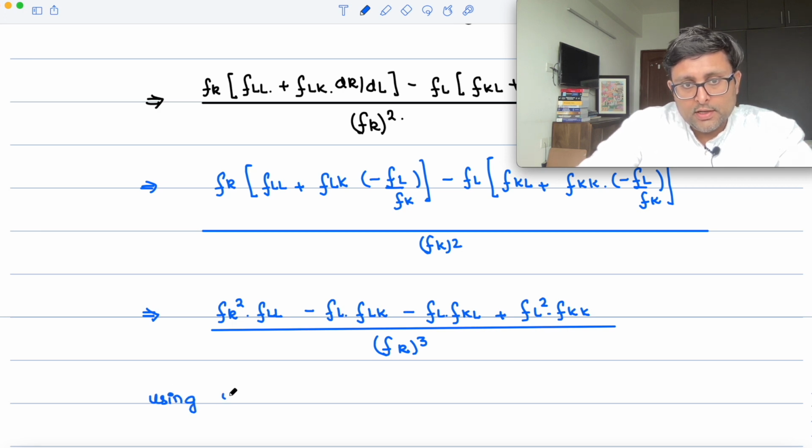There is something called Young's theorem, which says the cross partial derivatives are equal, if your function is twice continuously differentiable.